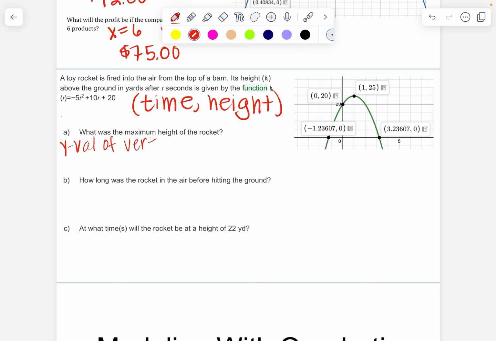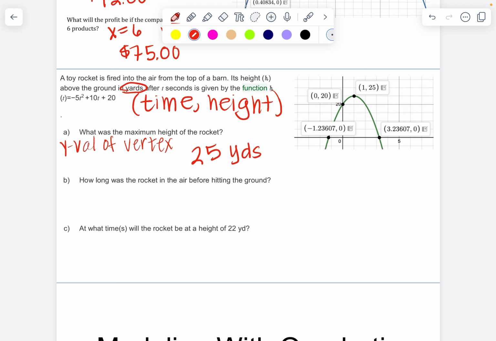Anytime you see the word maximum or minimum, you're looking at the vertex, but then you need to determine, are they asking about the Y value or the X value? Here, since they're asking about height, I know it's the Y value. So the maximum height is 25 yards. They're telling me here that it's yards.